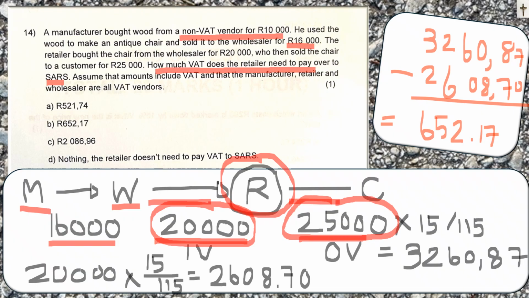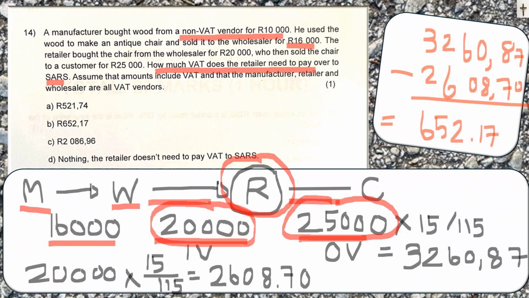All these people that I've listed on this line of workings, MWRC, are VAT vendors. When the manufacturer purchased from a non-VAT vendor, that's out of the equation. All we're considering here is what is the retailer going to pay to SARS.